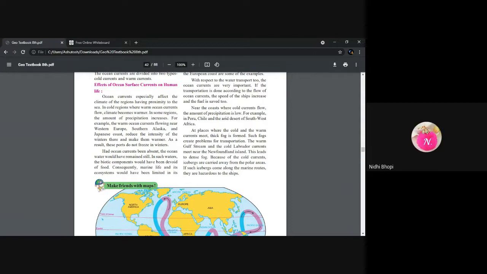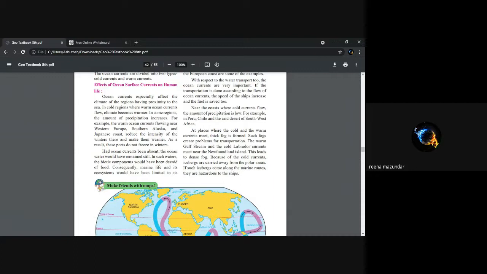The ocean currents flowing near Western Europe, Southern Alaska, and Japanese coast. Very good. Yes, Hariom. Now give the answer. The warm ocean current flowing near Western Europe, Southern Alaska, and Japanese coast. Very good. Now understood how to give the answer, Hariom? You are seeing the screen, give the answer. If you don't know, you can on the mic and tell, ma'am, I don't know the answer, so I will give you the answer. Okay?